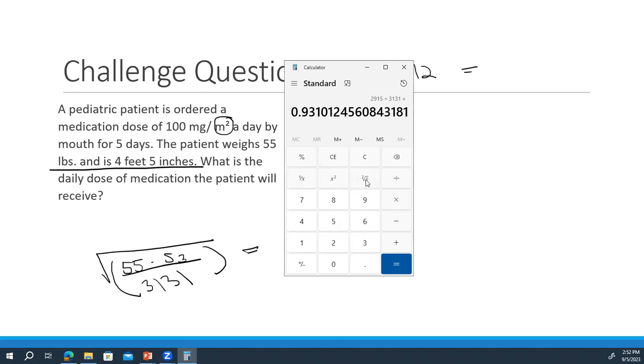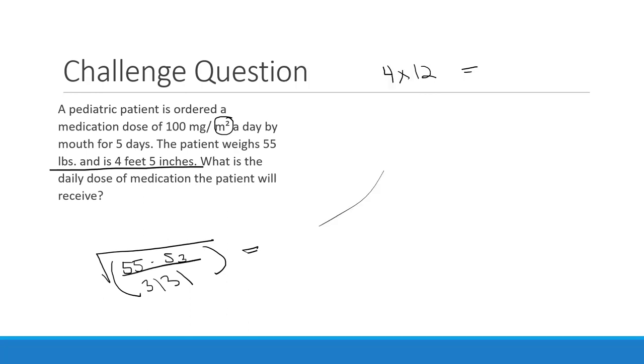I'm going to square root that, and that gives me 0.9688. So I'm going to round to the hundredths. So that is my 0.96 m squared. Now going from here, I can do my dimensional analysis, because what am I actually trying to look for?